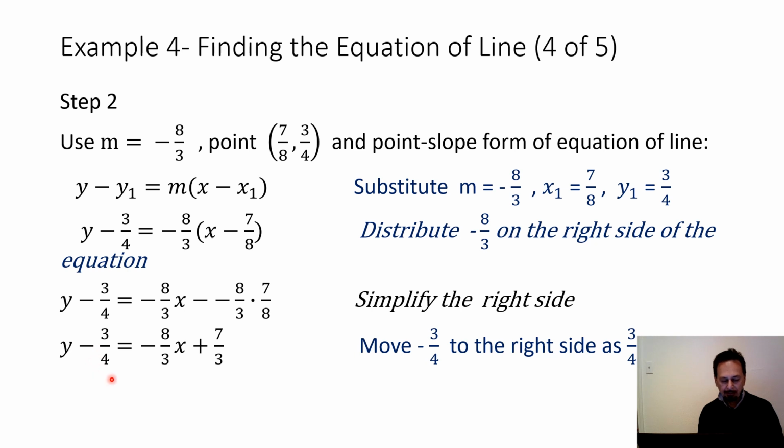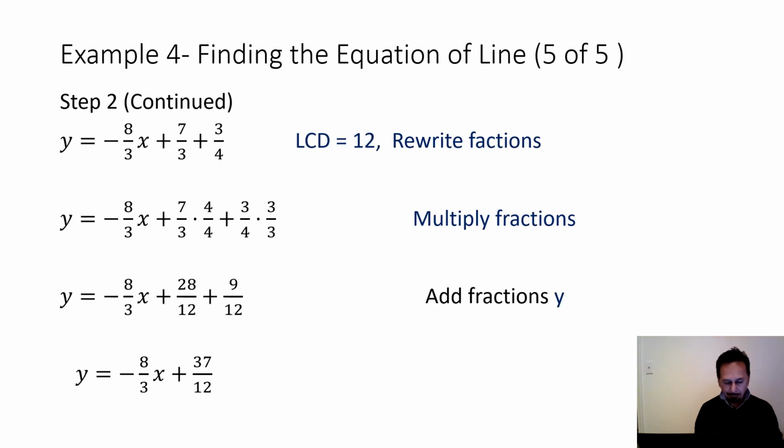Now we move the -3/4 to the right side. As you can see, 7/3 and 3/4 have different denominators. So we find the LCD, which is 3 times 4, 12.